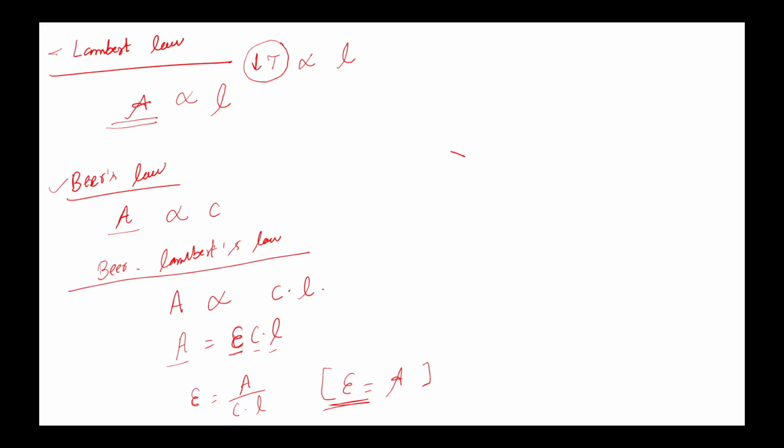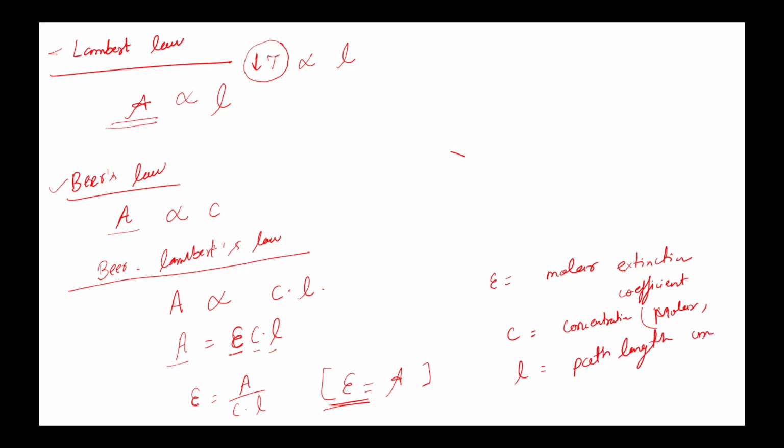That is the molar extinction coefficient of any particular substance. ε is the molar extinction coefficient, C is the concentration, generally in molar, L is the path length of the cuvette, generally centimeter.